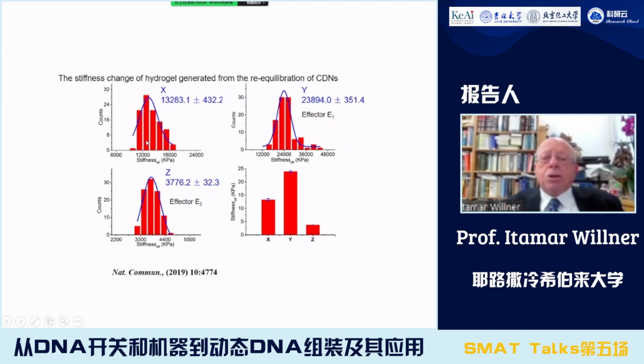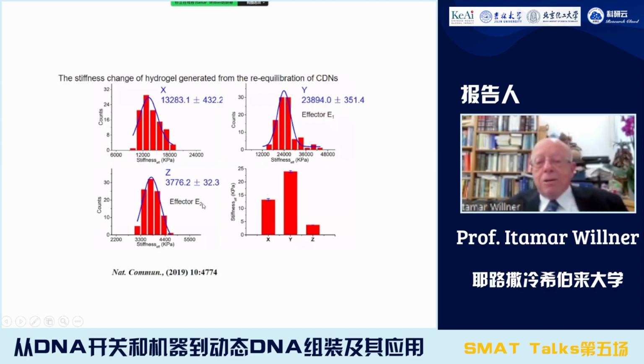You can see that microindentation studies demonstrate that the hydrogel in state X that has the medium stiffness shows a Young's modulus of about 13,000 Pascal. On the other hand, when we apply the strand E1 that makes higher stiffness, we almost double the Young's modulus of the hydrogel, demonstrating its higher stiffness.